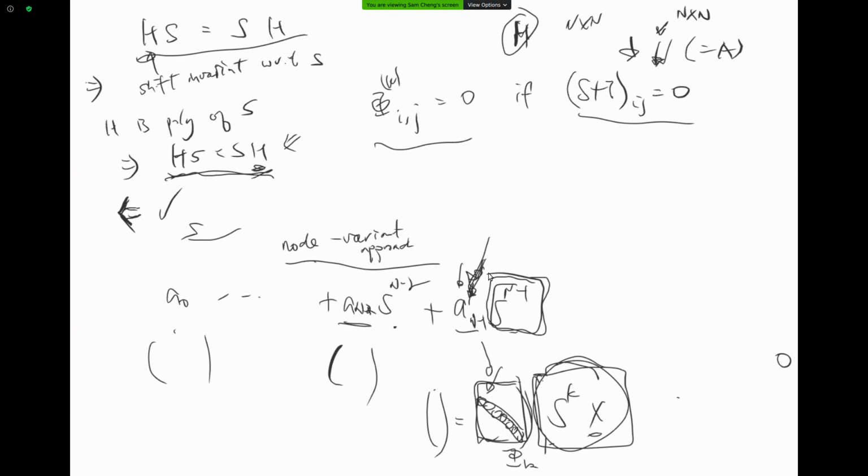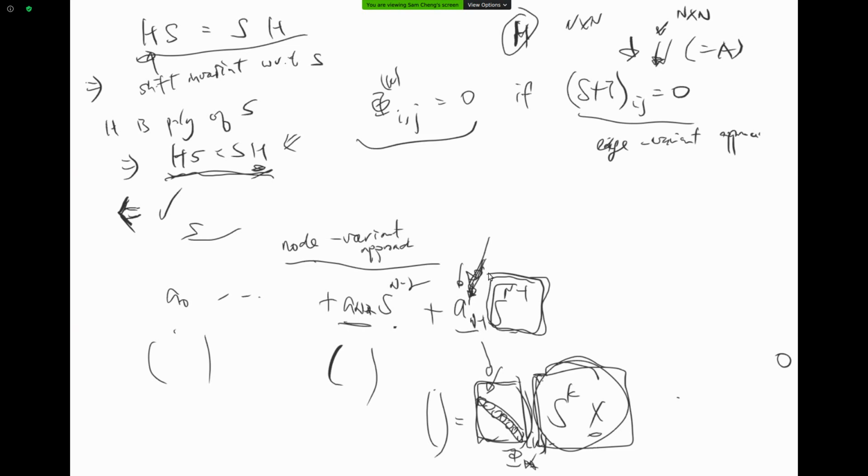That should be fine. So whenever this is zero, that means there are no edges there, then I have to force the coefficient there to be zero. So that would be this phi k here. So then I will have another approach, the edge variant approach.